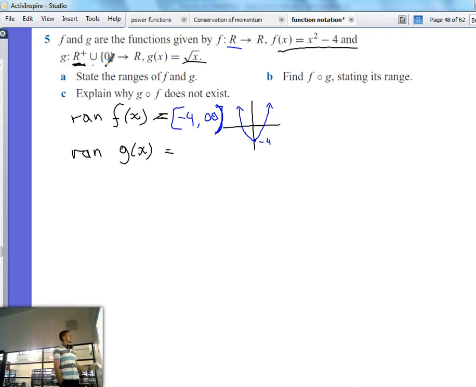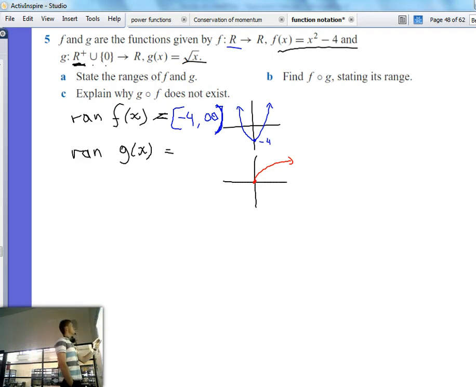If we think about that on a small Cartesian plane graph of g of x, g of x is the square root of x, and I know that function behaves in that way. 0 is an allowed value, and then all positive real numbers, but not negative.